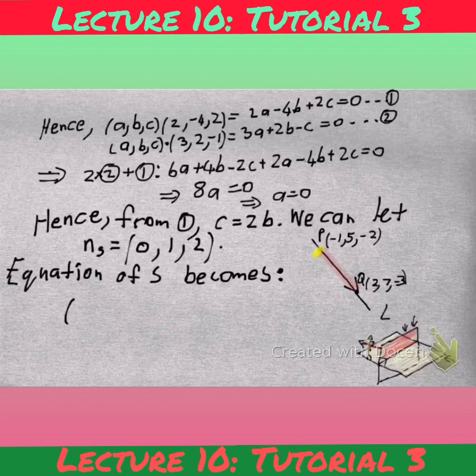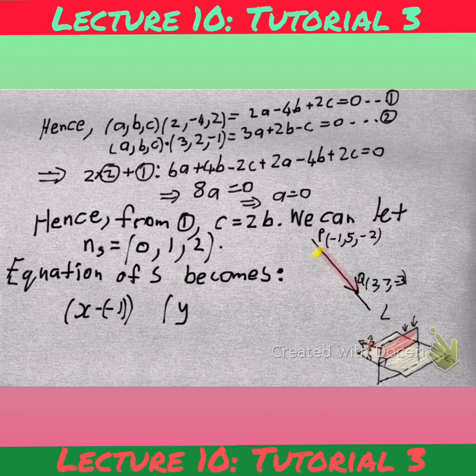So our initial point, we're going to start with x there. What's the initial point there? Minus 1. Then our y is minus 5, and our z is minus 2. You equate everything to 0, and your normal vector becomes the vector 0, 1, 2.